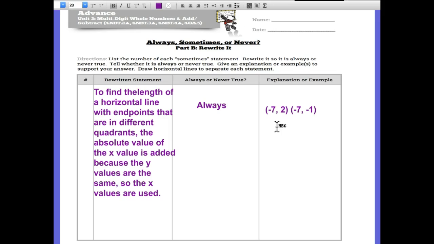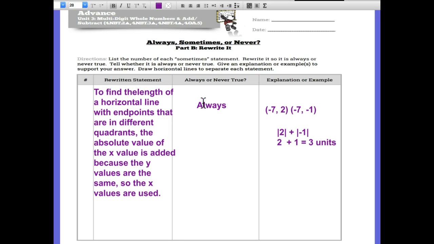So you're going to use the absolute value of 2 plus the absolute value of -1. The absolute value of 2 is 2. The absolute value of -1 is 1. 2 plus 1 equals 3. So that is 3 units. That is a true statement. That will always be a true statement.